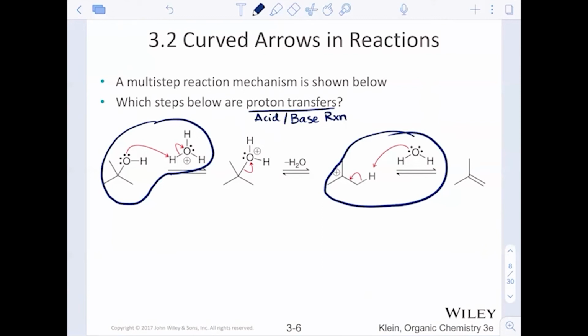Right now, don't worry about the rest of the curved arrows in the middle. We just want to make sure that we can truly understand a proton transfer. An acid-base reaction, by definition, is going to be the one that has a proton being attacked by a pair of electrons. And so that acid-base idea is going to hold true for all of our Bronsted-Lowry acids and bases.